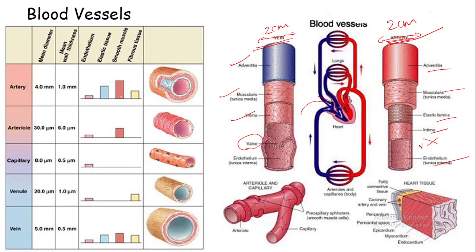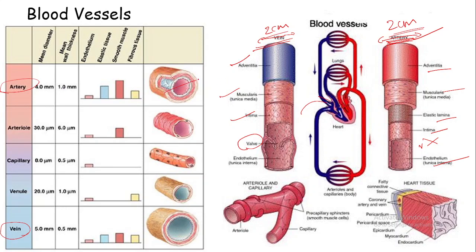Let's come to this slide. Here I gave you this dimension, the measurement, to explain the concepts, which we shall come to in the next slide. Look at this. When you look at a vein, the last block, and the first block, artery, what do you see? Let me consider 2 centimeters here.